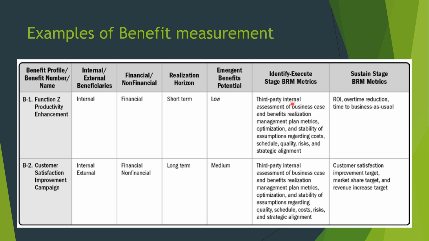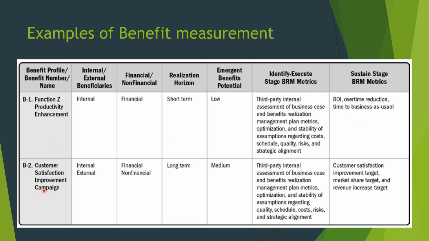At the identify and execute stage, the BRM metrics are third party or internal assessment of the business case, benefit realization management plan metrics, and optimization and stability of assumptions regarding cost, quality, risk, and strategic alignment. ROI, overall time reduction, and time to business as usual can be BRM metrics at the sustained stage.